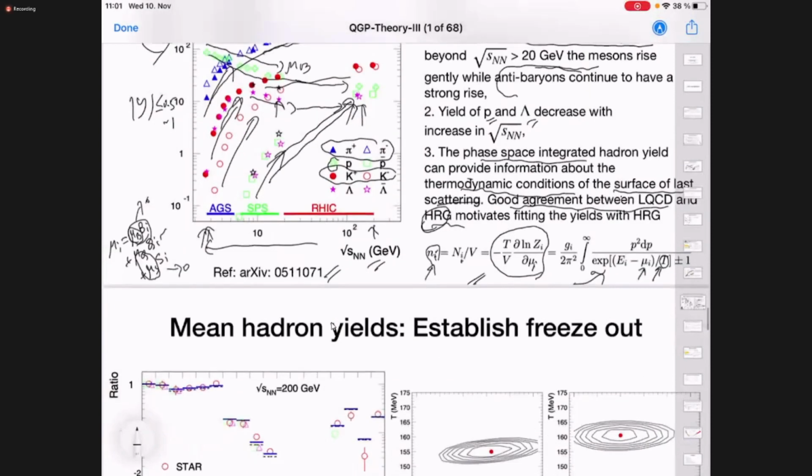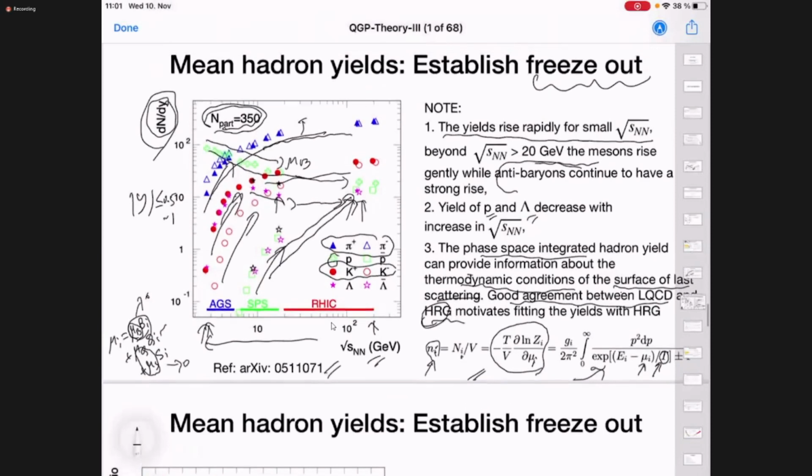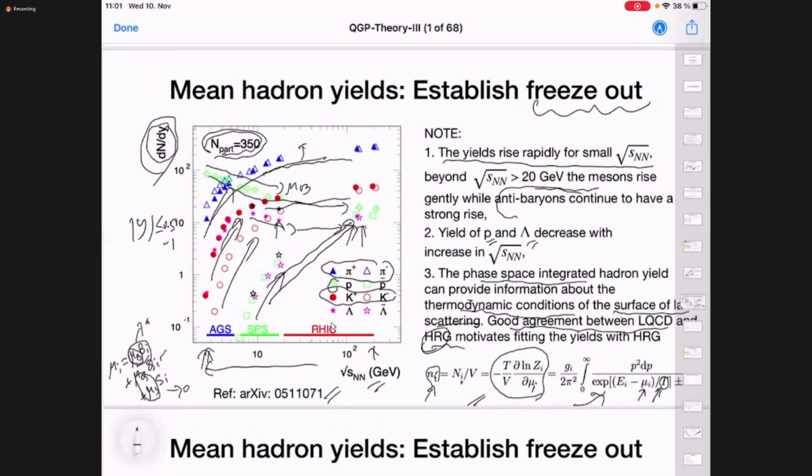So I already said some of the things anticipating the slides to come. But anyhow, this is the program: you have the yield expression within this HRG model, and you experimentally measure these yields. So you go ahead and fit this model, where the yields are functions of this temperature and chemical potential, and you try to simultaneously fit at a given beam energy as many hadron species as possible, and try to see whether you can come up with a good overall description or not.